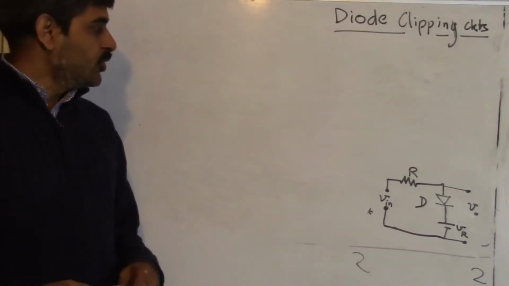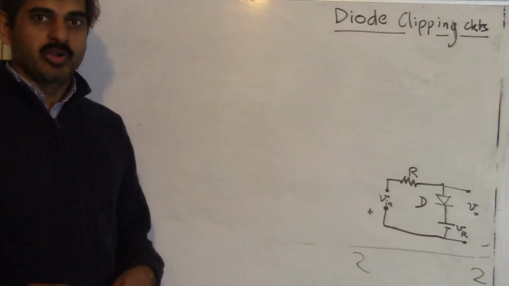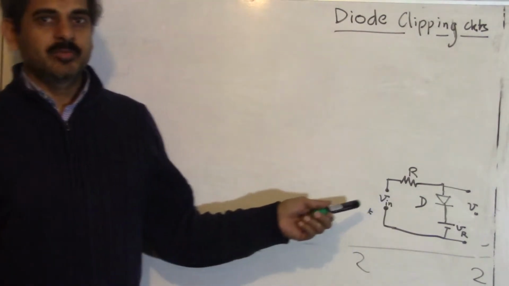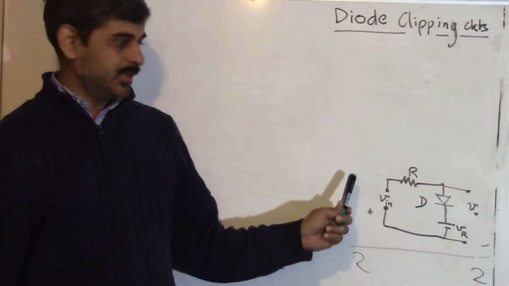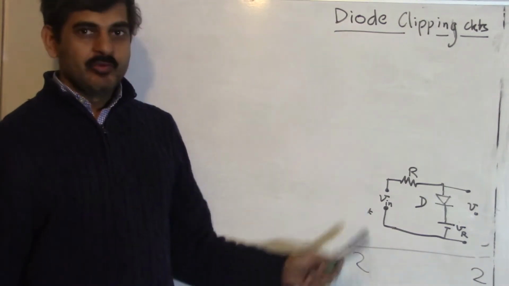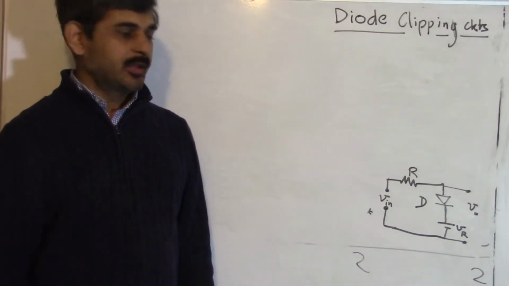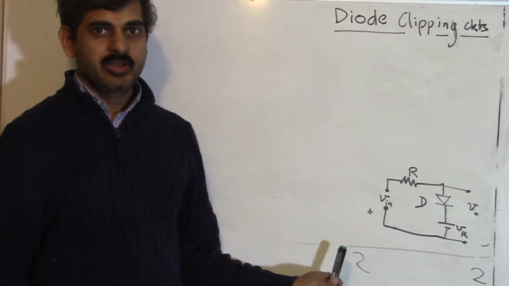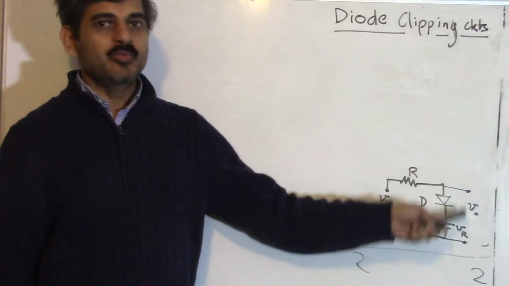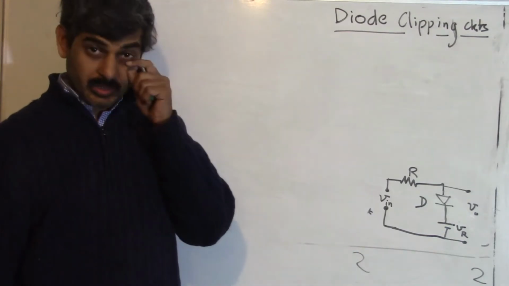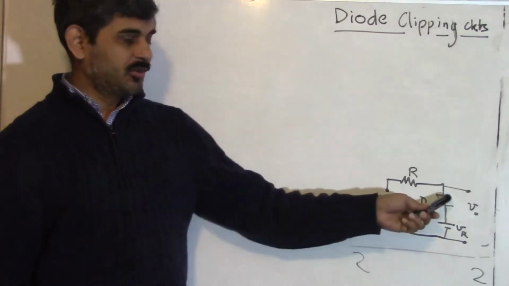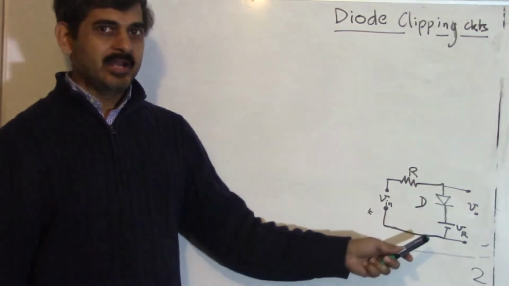So let's move on to look into some more details of the diode clipping circuit that we saw. Moving forward, we'll look into the transfer characteristics, or the variation of the output voltage V0 with respect to the input voltage V in. We'll no more treat this diode D as an ideal diode.